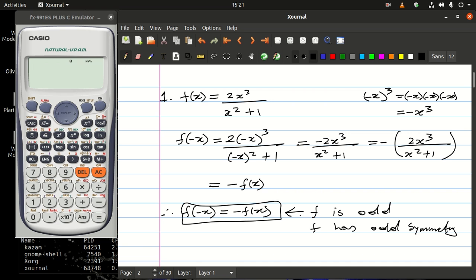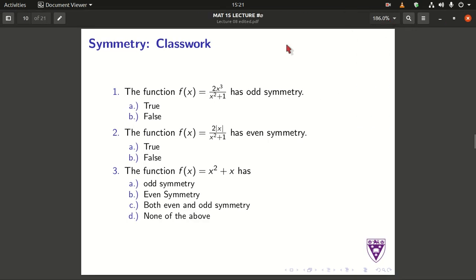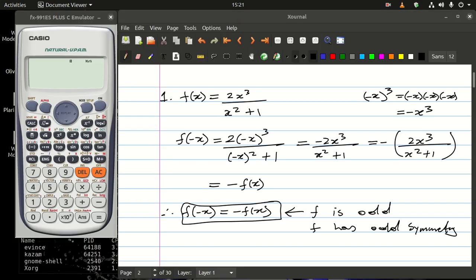So that's what this means. Now let's go back to the question. What is the question saying? The question is saying the function f of x has odd symmetry. Is it true or false? Therefore, the answer is true. So the answer to question A is true.